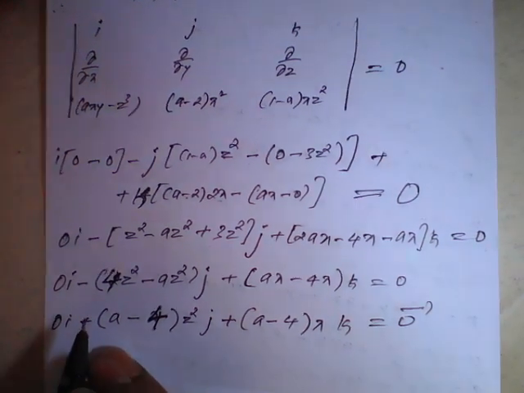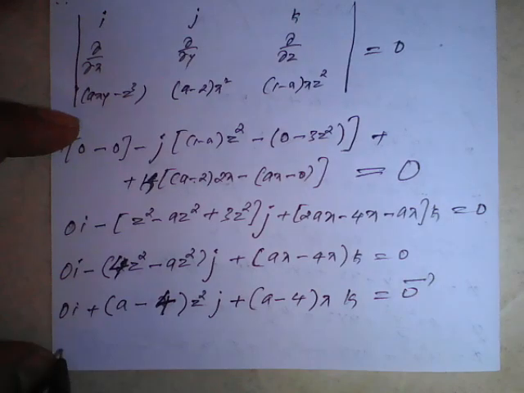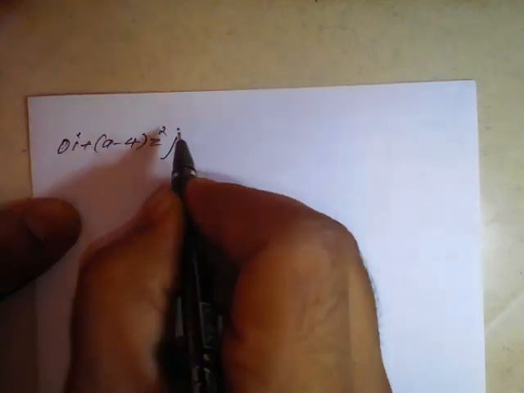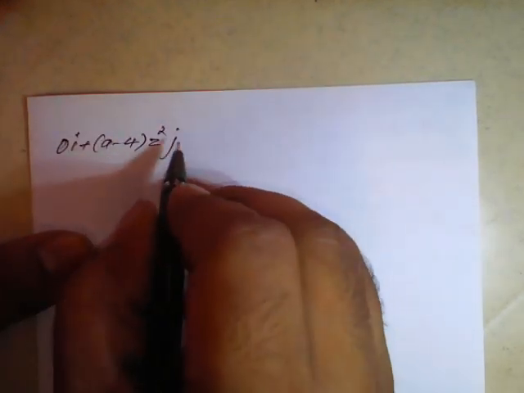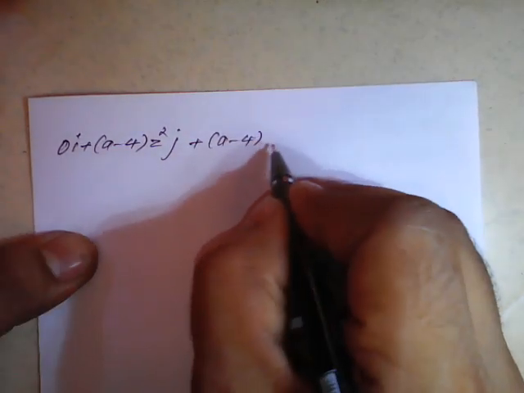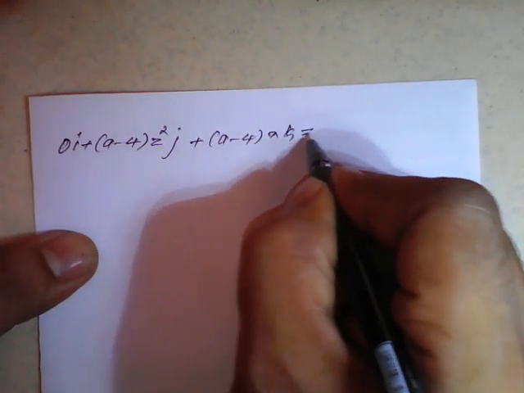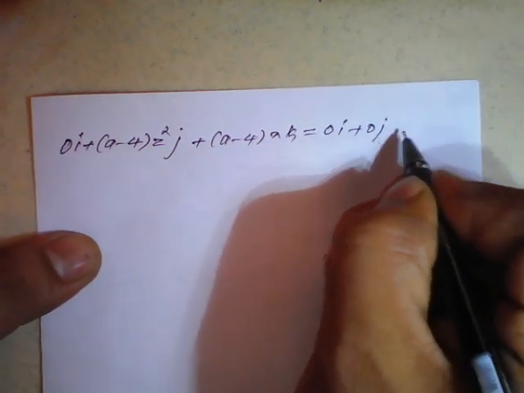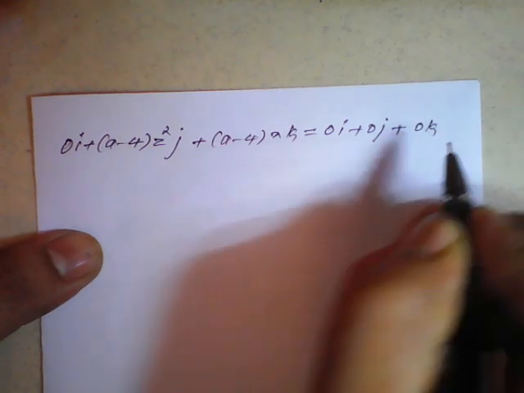So I will rewrite once again, that is 0i plus a minus 4 of z square of j plus a minus 4 of x of k is equal to 0 vector. I will write it as 0i plus 0j plus 0k.